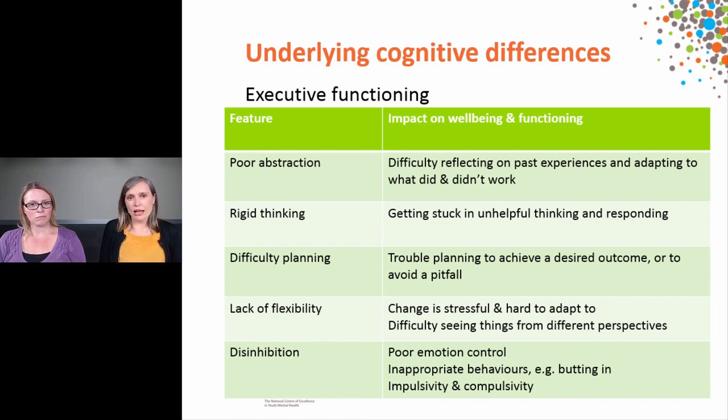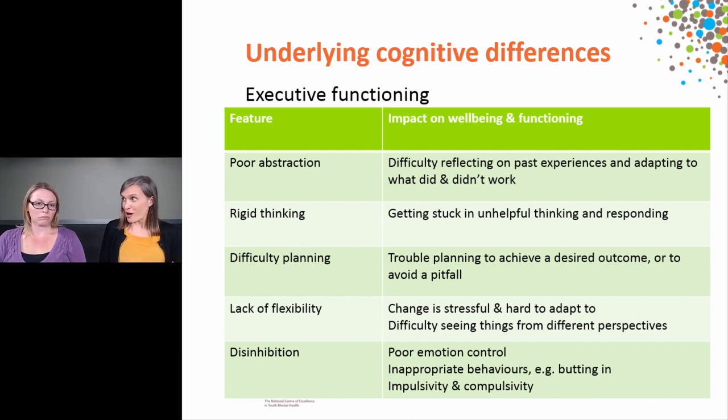Yeah. And I mentioned that another important part of executive functioning is the capacity to monitor or control our behaviour, and so that can lead to difficulties with disinhibition, which can look like poor emotion control.